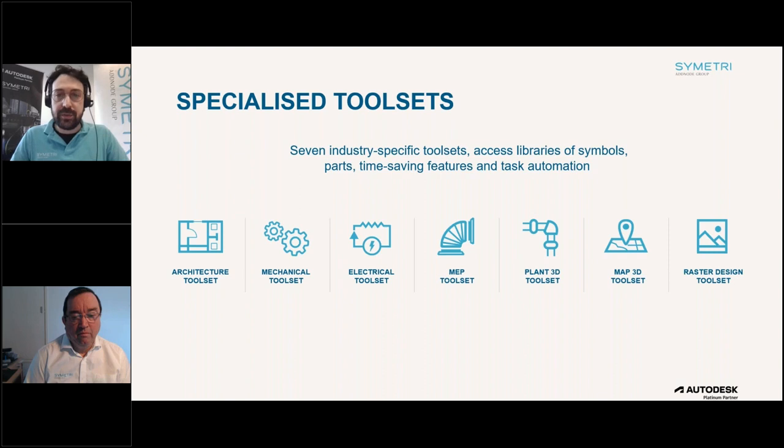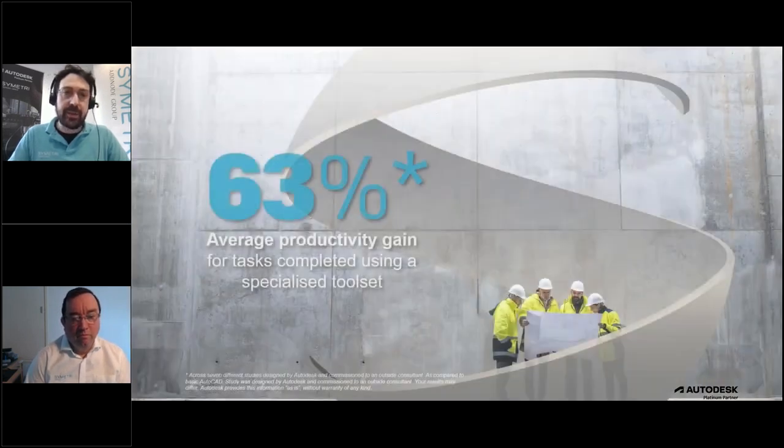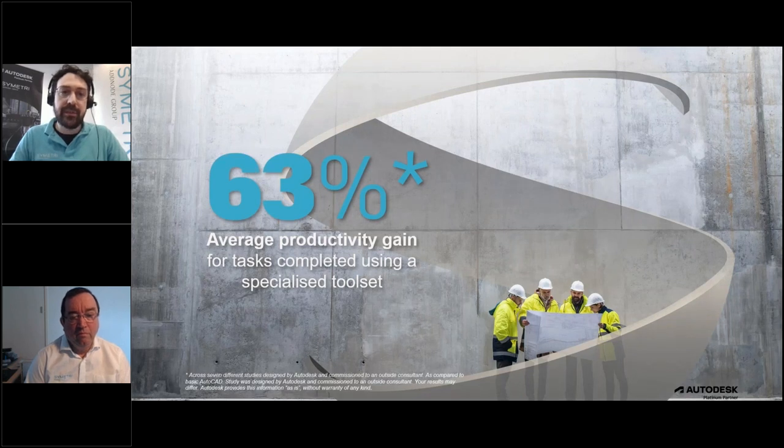Anyway, I'm not going through each one of them individually because it will be in its own webinar. I'm just going to give you one number, and this number is this one, 63%. It is how much you can gain in productivity with one of these tool sets.